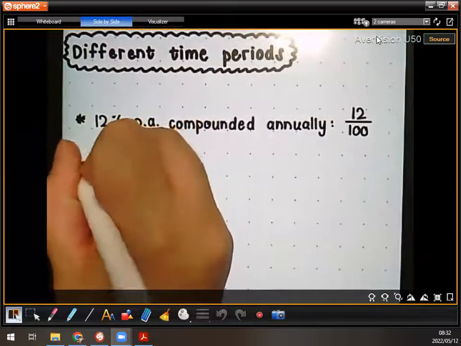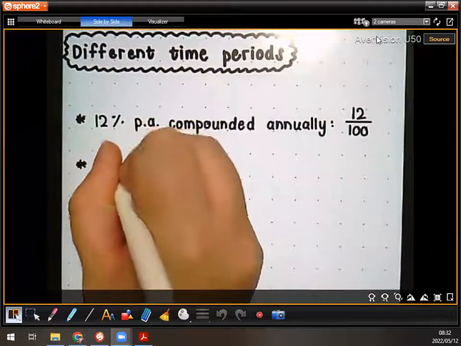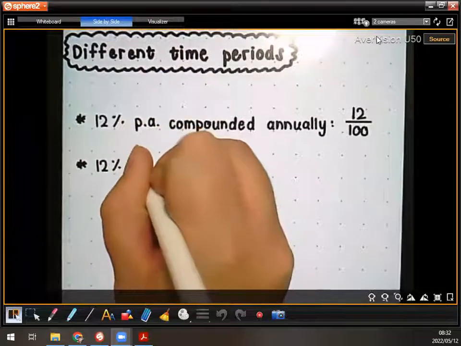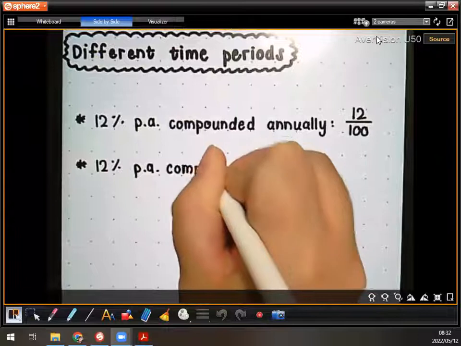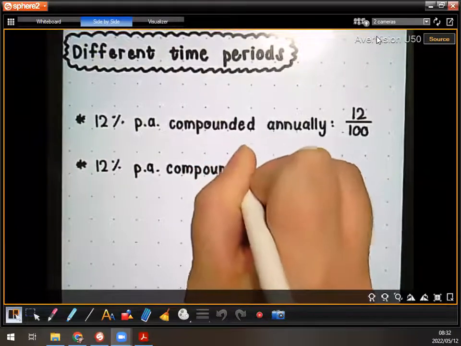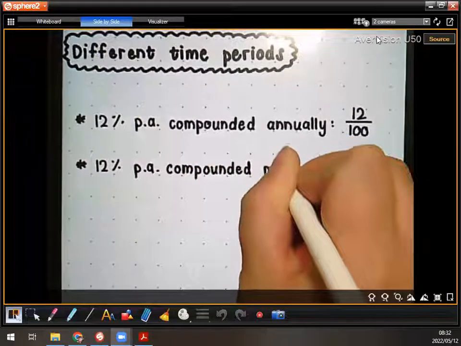But then they can tell you that now actually the interest rate is 12% per annum, compounded monthly.